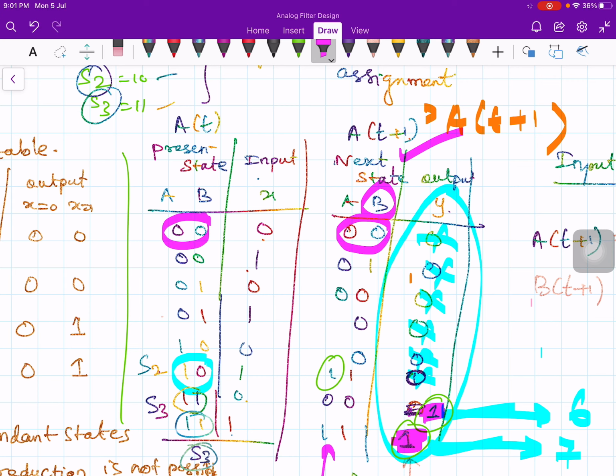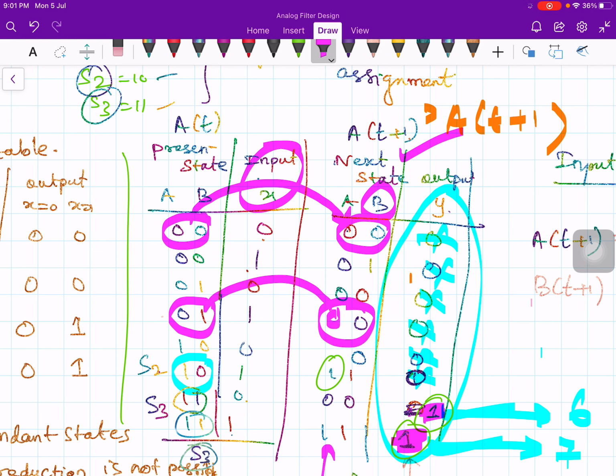Now you may ask a question: what type of inputs, not this input, but what type of inputs to the flip-flop will change it from this present state to this next state? What type of flip-flop inputs will make it move from 1 0 to 1 1? That we need to figure out.